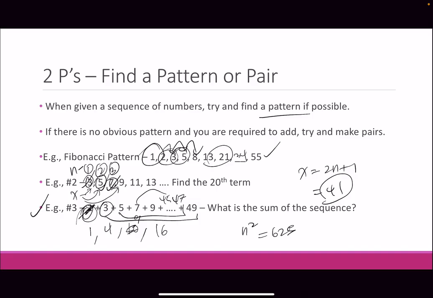So 49 plus 3 is 52, 5 plus 47 is 52, 45 plus 7 is 52, and then we just get 12 pairs of that. When you do the multiplication, it gives you 624. Add the final 1, gives you 625. So if you couldn't find the pattern, then that's another way to go about it.